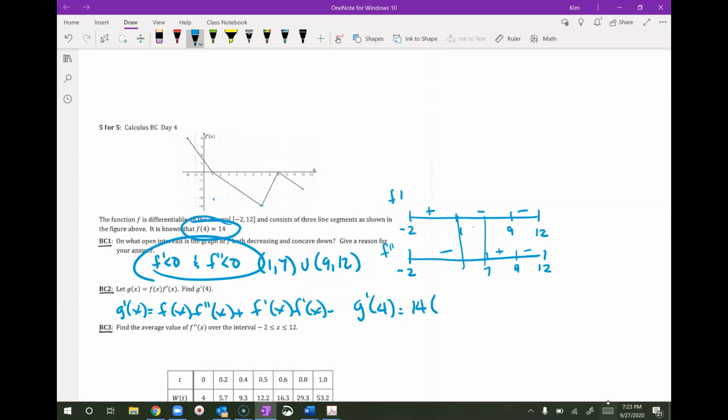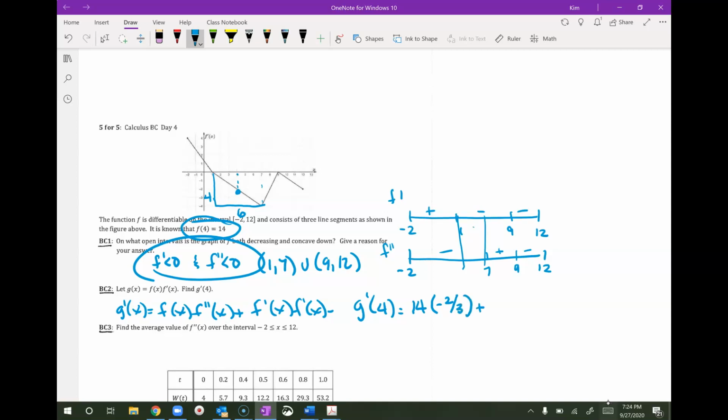G double prime of 4. So let's go over here to 4. Right here. So what is the slope of that line? Let's see. From 0 down here to 4 is 4. And from 1 to 7 is 6. So I would say that that's negative 2/3 or 4/6.